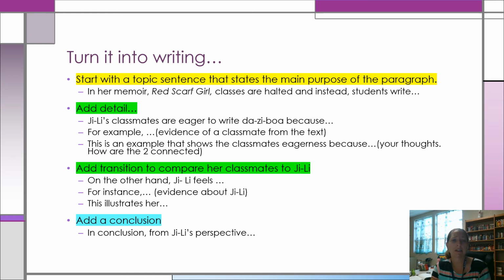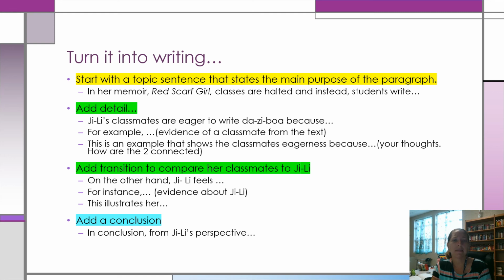Ji-li's classmates are eager to write the dazibao because... Why do you think they're so eager to write the dazibao? For example, give a piece of evidence from the text. This is where you're going to cite evidence directly from the text. Use an evidence-based term. So, for example, in paragraph blank, use a piece of evidence of a classmate writing the dazibao.